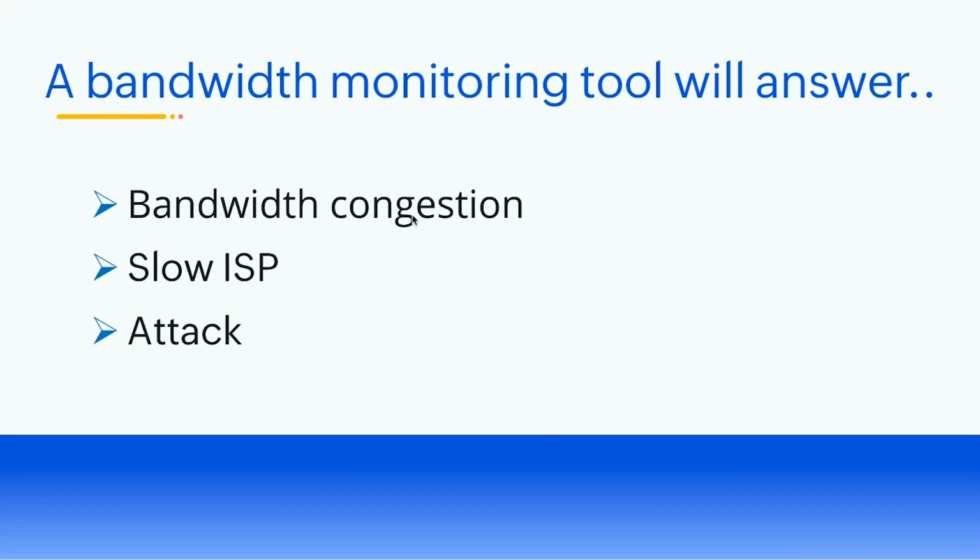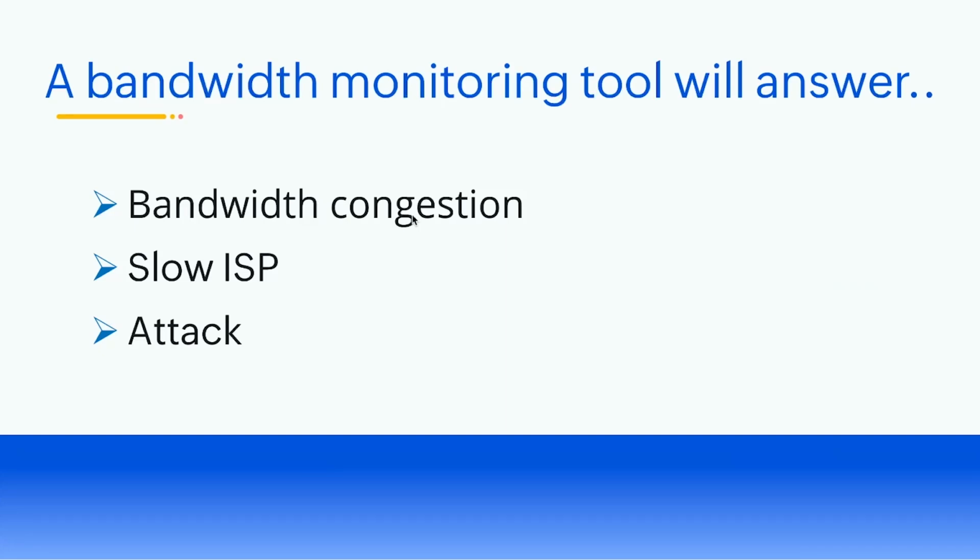By analyzing data flows and bandwidth usage, administrators can detect where and when congestion occurs, allowing them to take proactive measures to redistribute traffic, upgrade infrastructure, or implement traffic shaping policies to ensure smooth network performance.